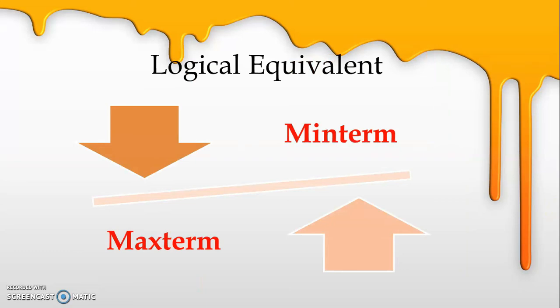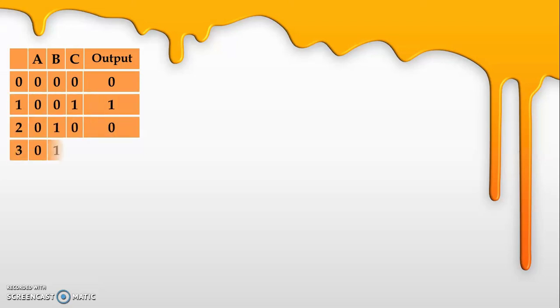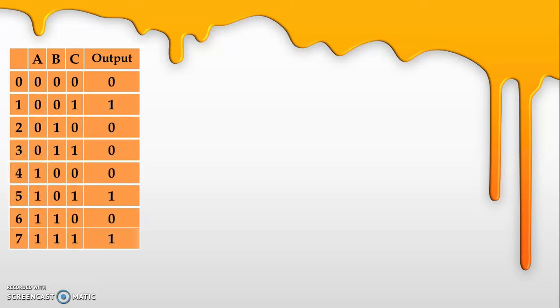Now Minterm and Maxterm are both logically equivalent. If we take the same truth table which we had taken for Maxterm as well as for Minterm, we have 3 input variables and 8 different input conditions, and for certain combinations we are getting output 1, and for certain input conditions we are getting output 0.